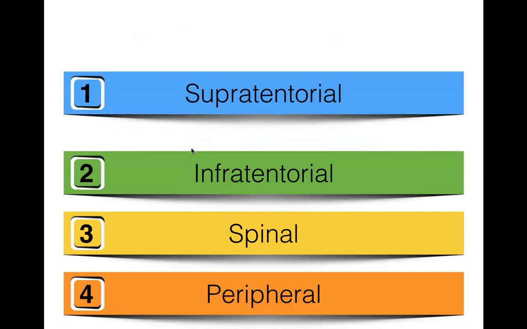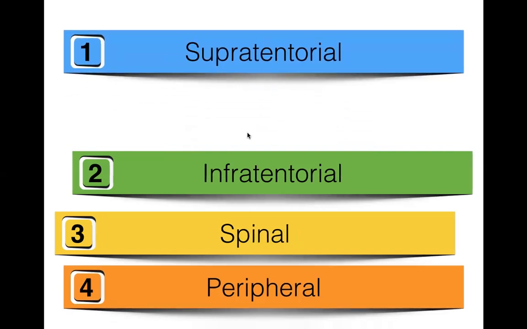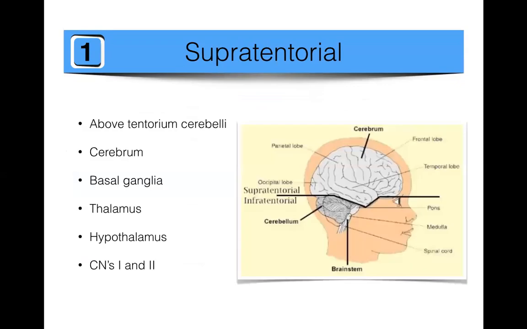So the question is, what are the structures that are considered to be supratentorial? The supratentorial structures are any structures that are located above the tentorium cerebelli. The tentorium cerebelli is a fold of dura mater. Above the tentorium cerebelli, we would find the cerebrum.